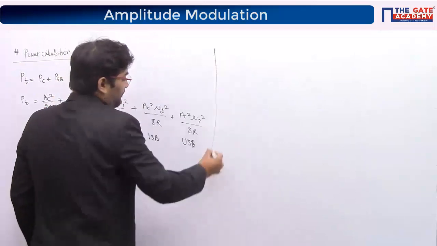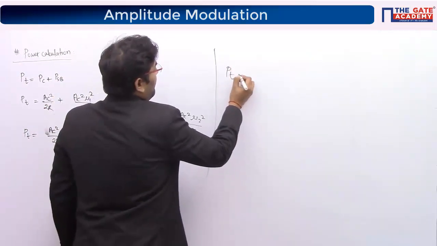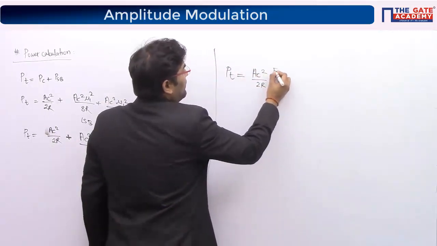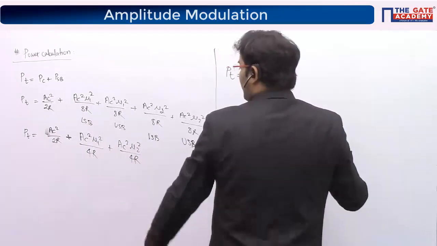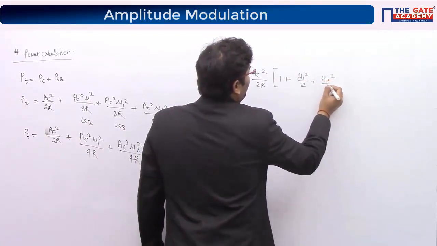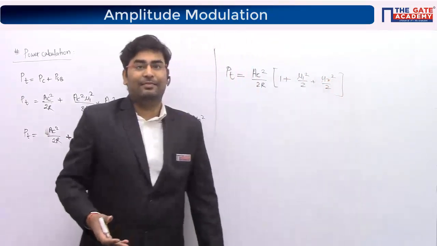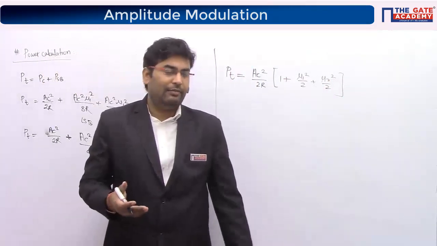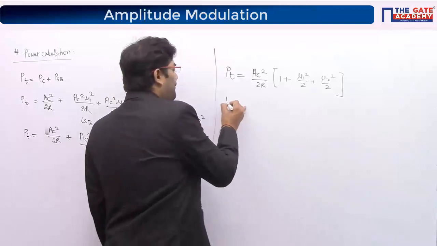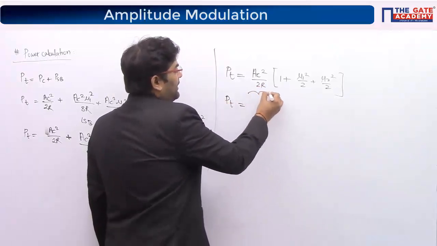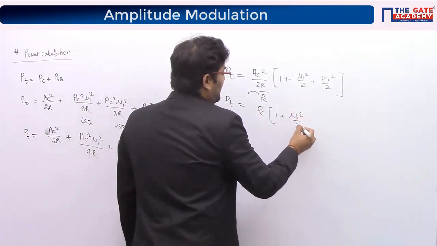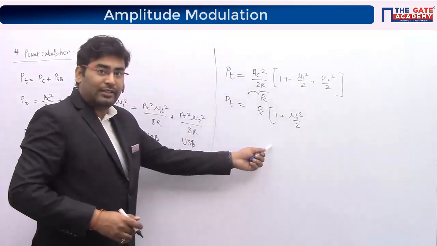Now, PT equal to, take Ac square by 2R as common, guys. Same fashion. So it will be 1 plus mu1 square by 2 plus mu2 square by 2. If you recall, the last time we did the power calculation, we followed exactly the same procedure. So it will give you PT equal to Pc times 1 plus mu1 square by 2, as it used to be for single tone modulation. Remember that?